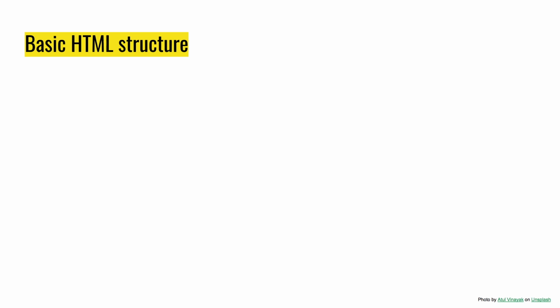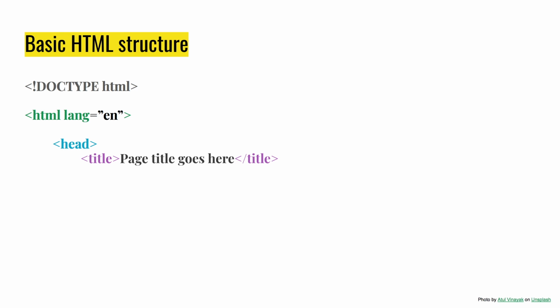A basic HTML structure looks like this. It will have the first line of code, the doctype HTML, and then we're going to have an opening HTML tag. Inside that, we're going to have the head, and inside the head, you will have the title tags, opening and closing, with your title in between. You're going to close the head with a closing tag.